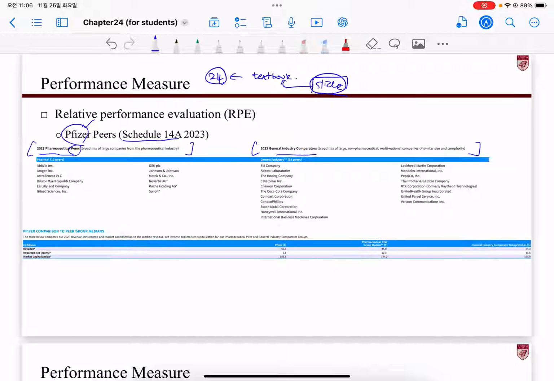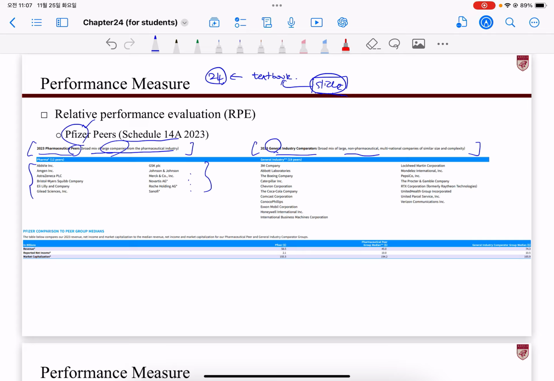Pharmaceutical peers, as it says, is a broad mix of large companies from the pharmaceutical industry. There is AstraZeneca, Gilead Sciences, Johnson & Johnson, Novartis, very large companies from the pharmaceutical industry. On the right-hand side, there are general industry peers.